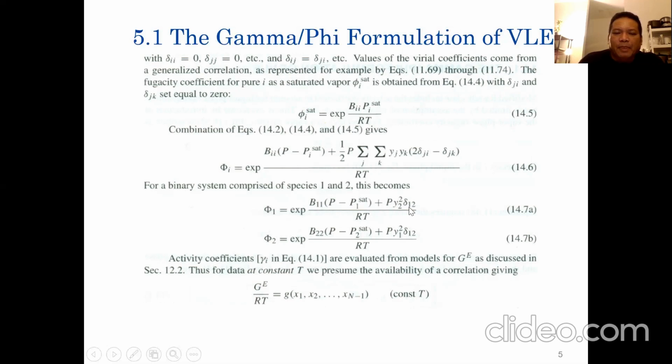And then the activity coefficients can be evaluated using the GE function as discussed in the previous lecture. So GE over RT is a function of x1, x2 until xn minus 1, where T is constant.